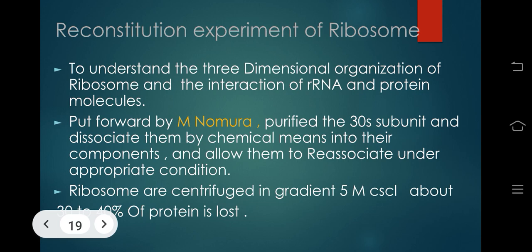Then the reconstitution experiment of ribosomes. To understand the 3-dimensional organization of ribosomes and the interaction of rRNA and protein molecules, Nomura purified the 30S subunit, dissociated it by chemical means into its components, and allowed them to reassociate under appropriate conditions. Ribosomes are centrifuged in a CsCl gradient. About 30 to 40% of protein is lost.